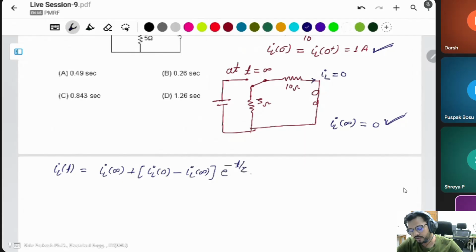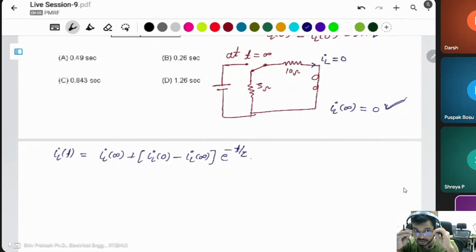This equation we can apply for both current of the inductor and voltage of the capacitor. If you find the initial voltage and final voltage, then you can apply this rule to find the actual current at t greater than 0.